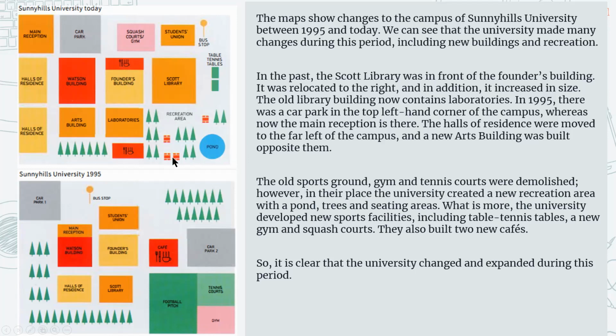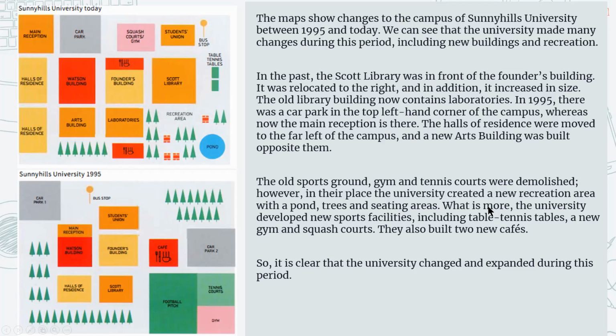As you can see, there are chairs and tables. Okay, so they demolished the football pitch, the tennis courts, and the gym. In place of them, they created a recreation area, okay, with a pond and some trees and seating areas.